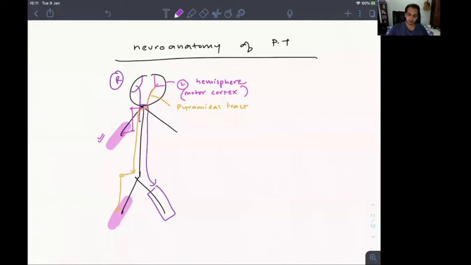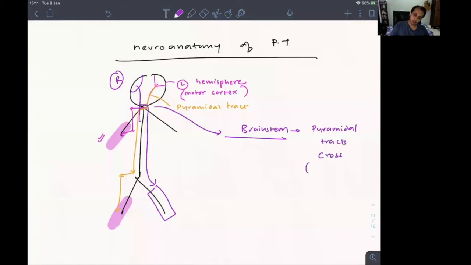So what this means is that at the level of the brainstem, there is an area where the pyramidal tracts cross. It's also known as decussation. And this happens in the region of the medulla. At the lower medulla is where the pyramidal tracts cross over to the other side.